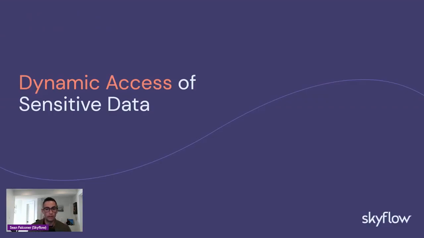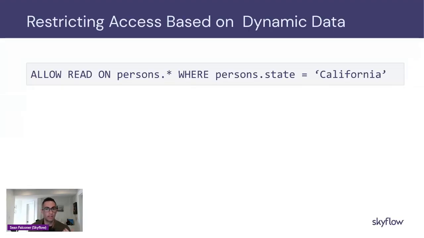So one of the things that you're going to run into when you're developing real applications is that a lot of times you need more dynamic access to sensitive data. So what I mean by that is in the demo that I was showing, we had this row level restriction based on state. So in this example, we're restricting the state to California.